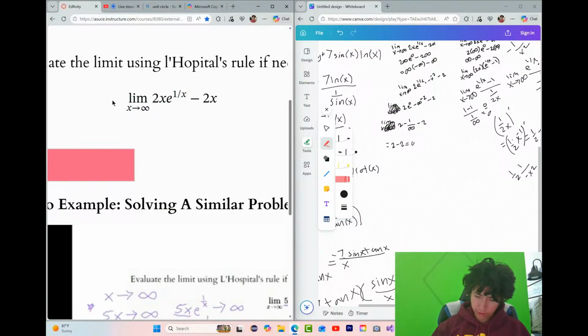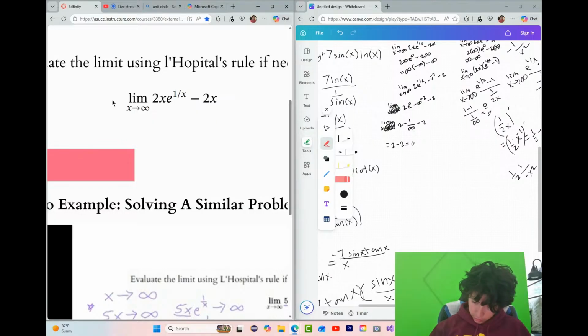Okay, and then we take the derivative. So we have, perfect.